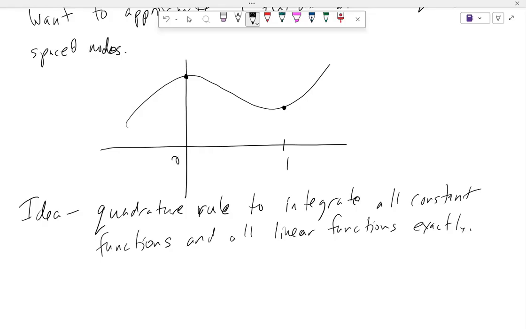Why did we stop at linear? Well, it's for this specific case. We stopped at linear polynomials because that's the largest degree polynomial that we can interpolate the points exactly.